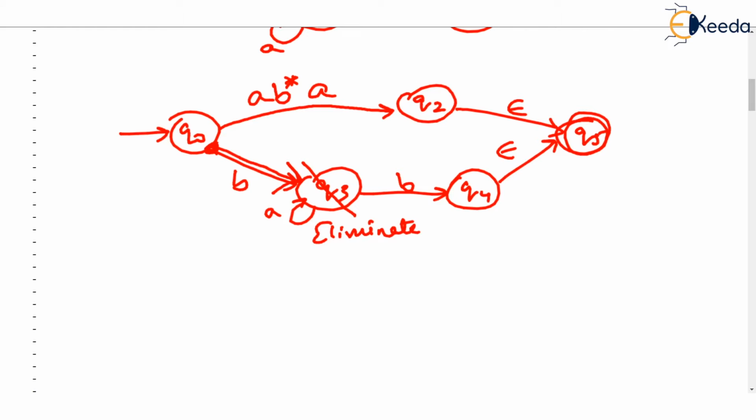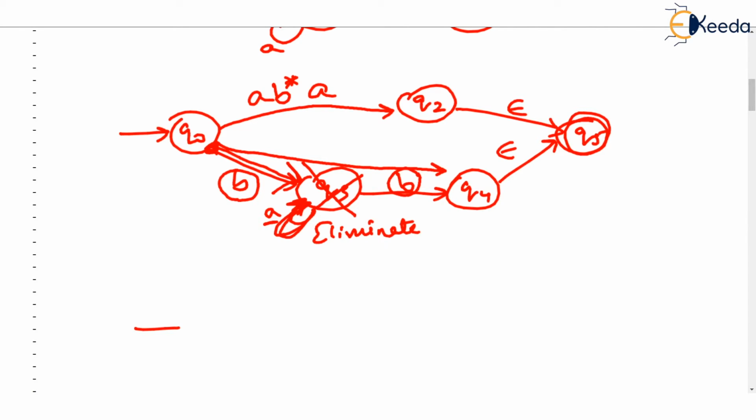It's clear that from Q0 you can go to Q4, correct? So what will be the regular expression if you delete Q3? Notice it will be B followed by A star. Check this loop. This is clearly A repeated, A star, followed by B here, which will take us to Q4.